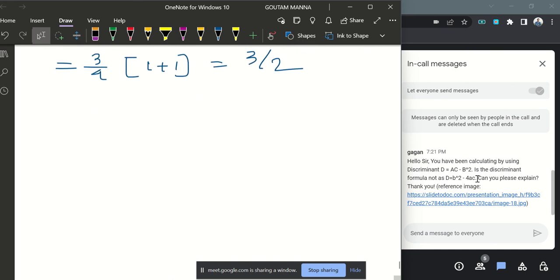So this discriminant, it is for one variable. I don't think it can be compared.